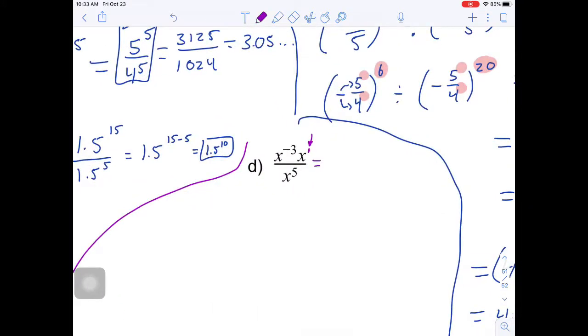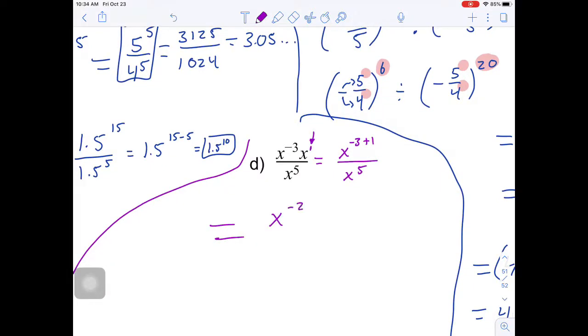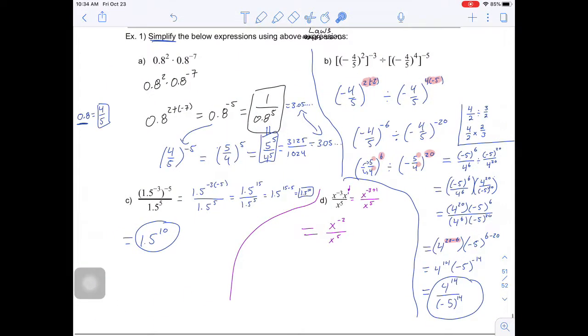So here, this would become x to the power of negative 3 plus 1 over x to the power of 5. And then from there, we can simplify. Negative 3 plus 1 gives me x to the power of negative 2 over x to the power of 5. And now we have two bases dividing each other.